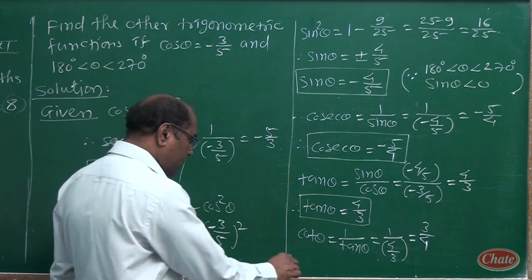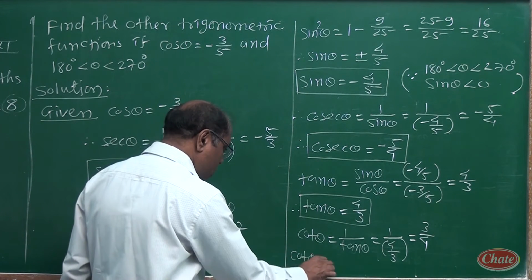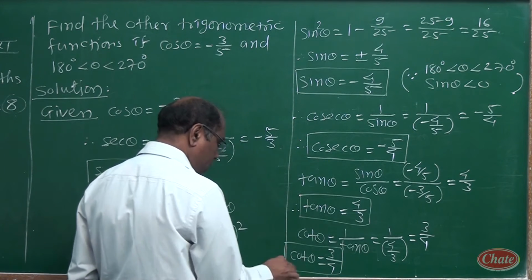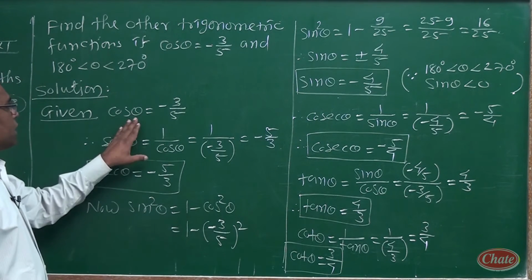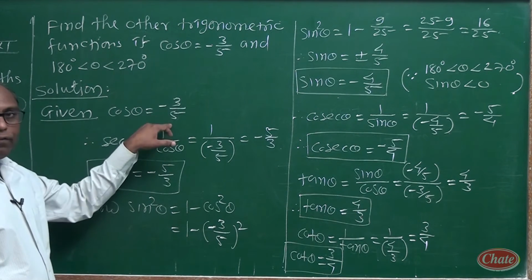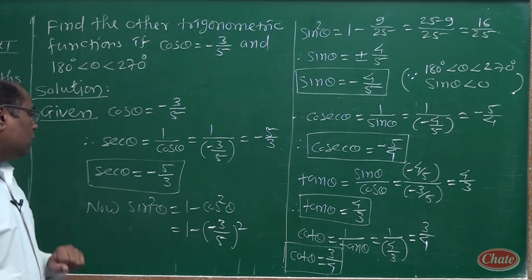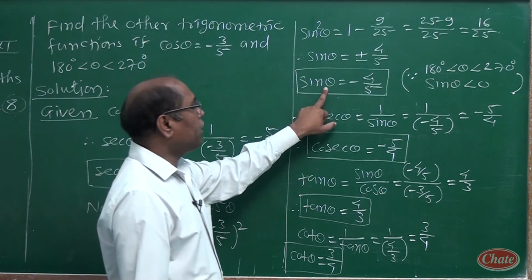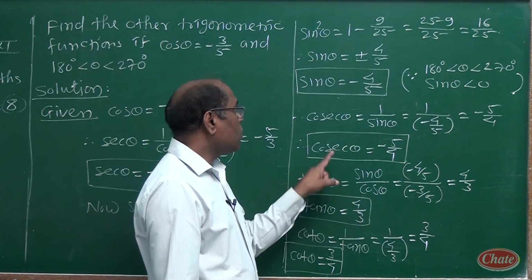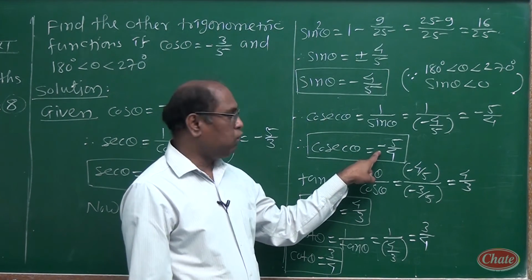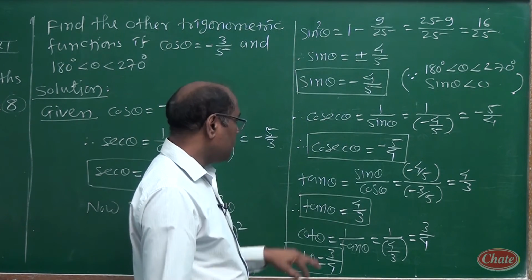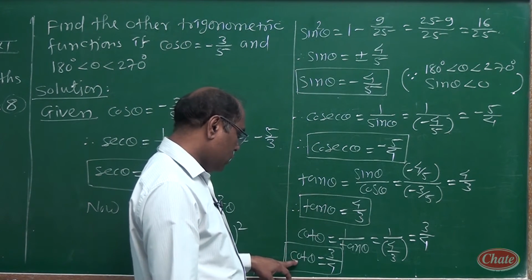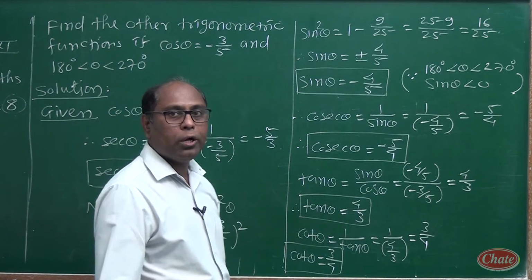And hence, if cos theta is minus 3 by 5 and theta lies in third quadrant, then sec theta is minus 5 by 3, sin theta is minus 4 by 5, cosec theta is minus 5 by 4, tan theta is 4 by 3 and cot theta is 3 by 4.